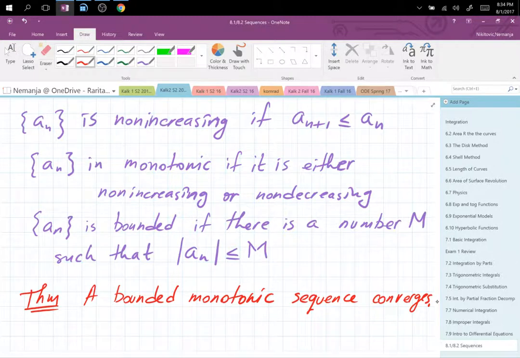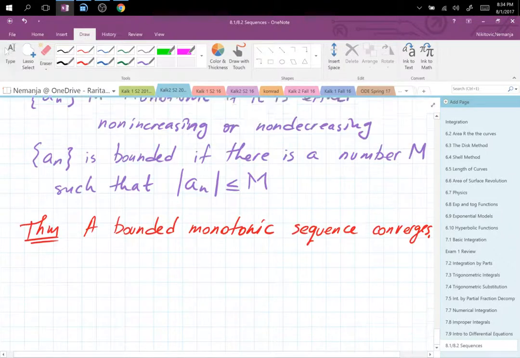If it's bounded, it's always converging to that bound, right? If it's monotonic, it has to follow the bound. So the bound would be the limit, and the monotonic part makes sure that it goes to that limit.